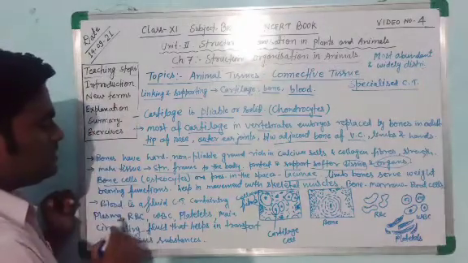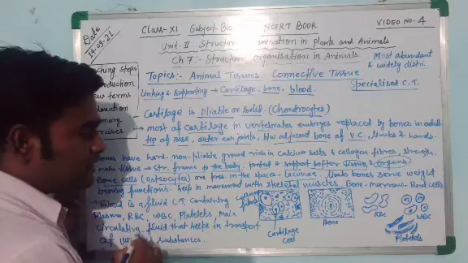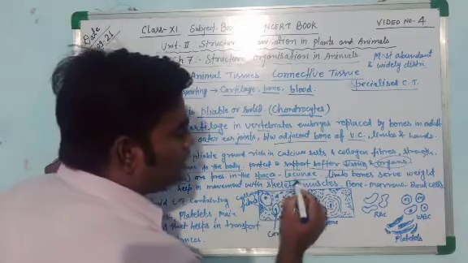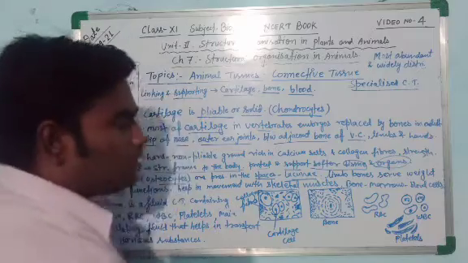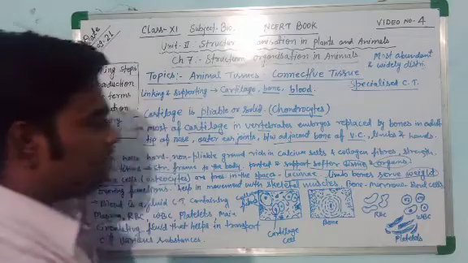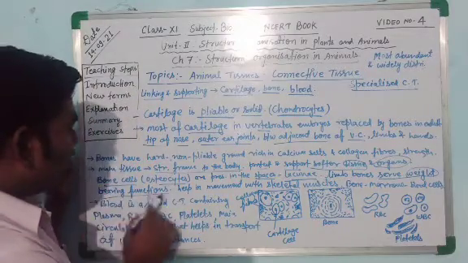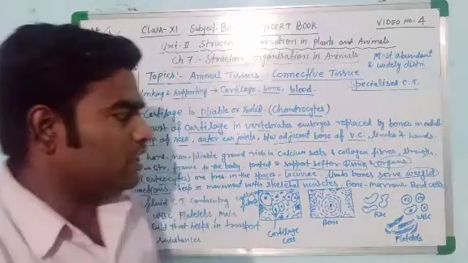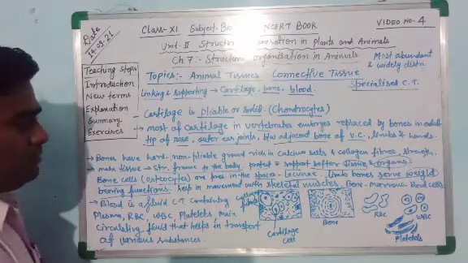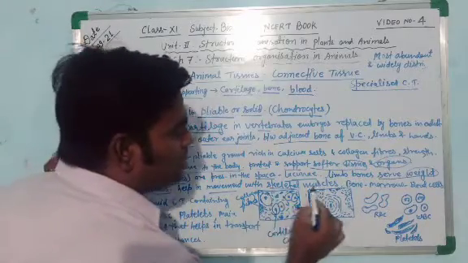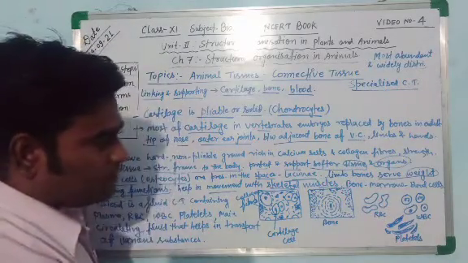Bone cells, known as osteocytes, are present in spaces called lacunae. The limb bones of the body serve weight bearing functions. They bear the whole weight of the body. They also help in movement with the help of skeletal muscles.